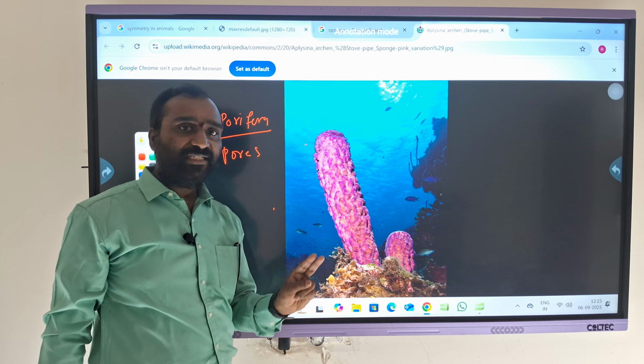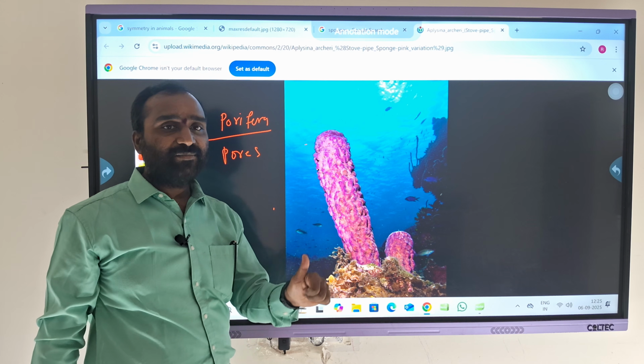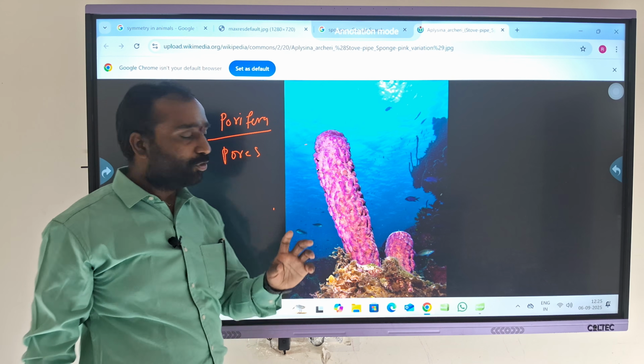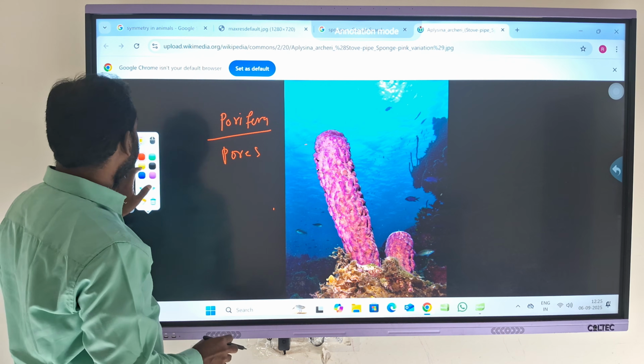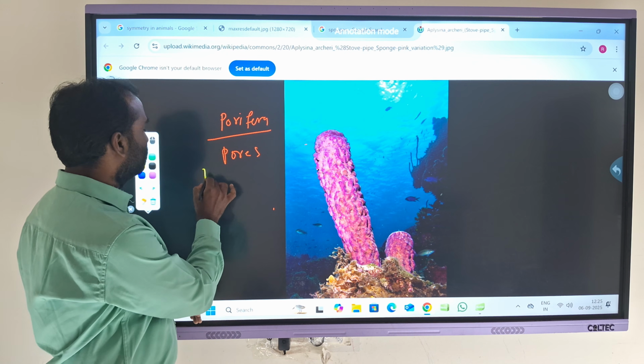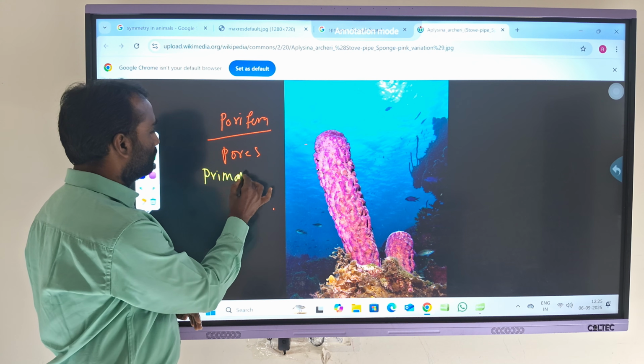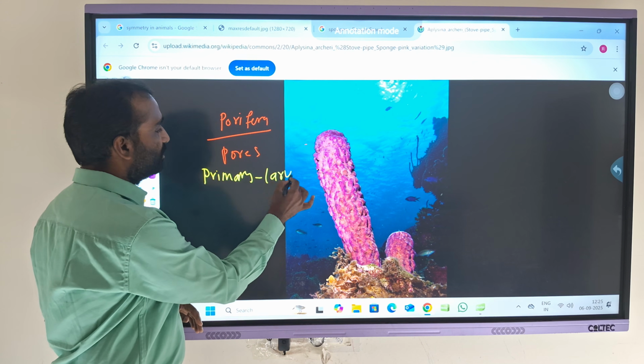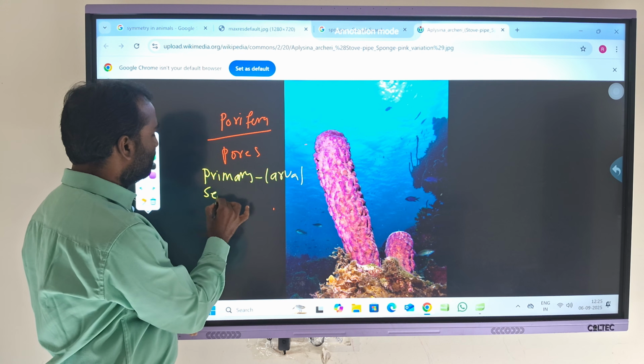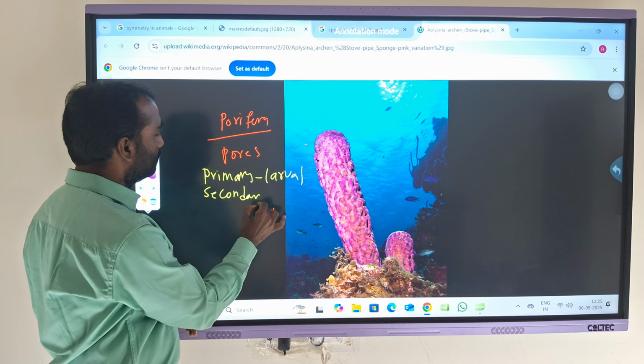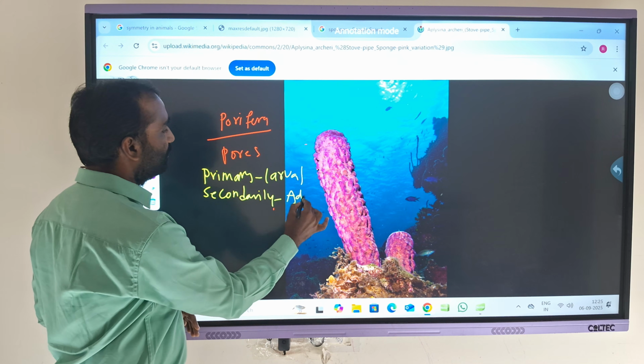Am I clear? And here one more condition is primarily and secondarily. What does it mean by primarily? Primary means larval condition and secondarily means adult condition.